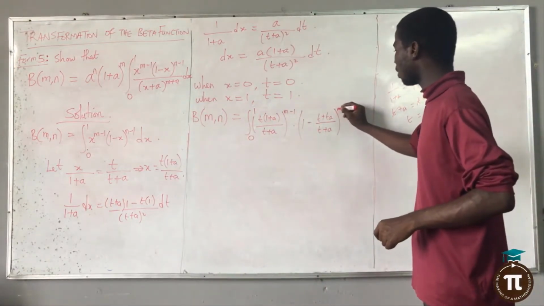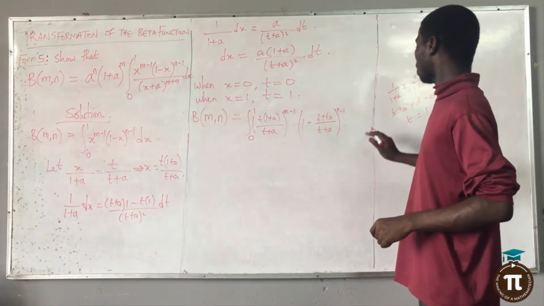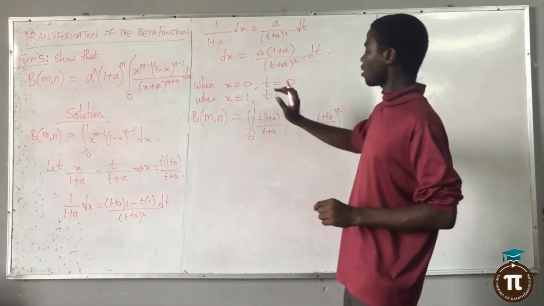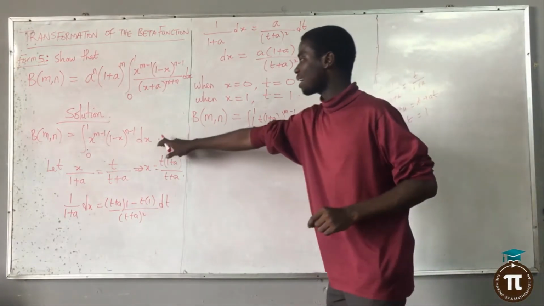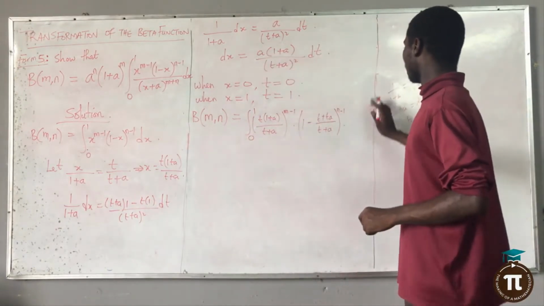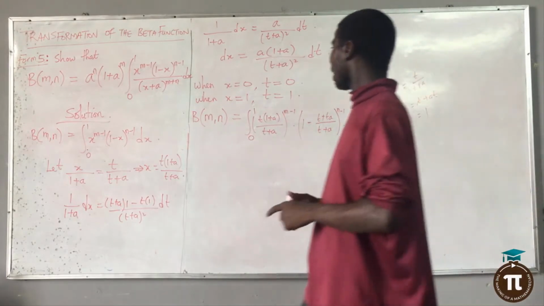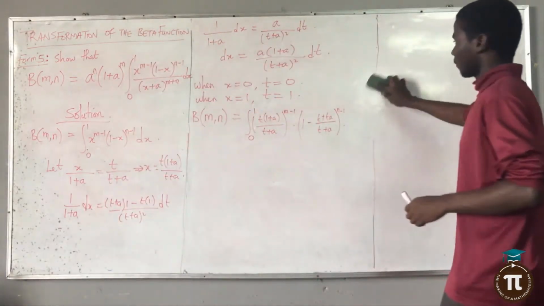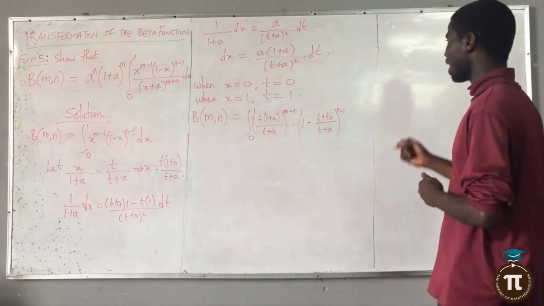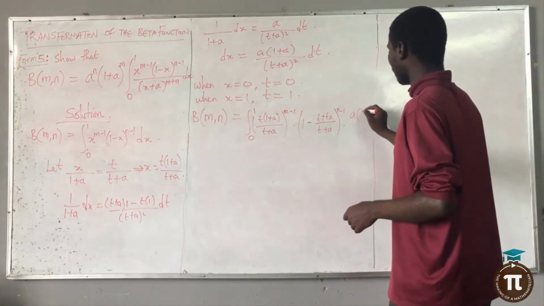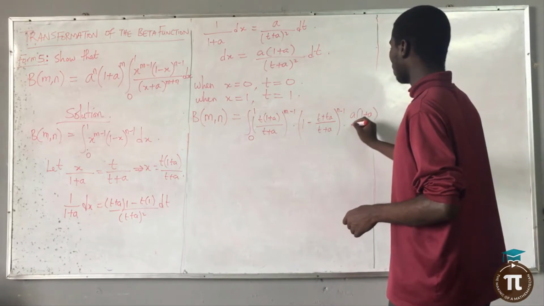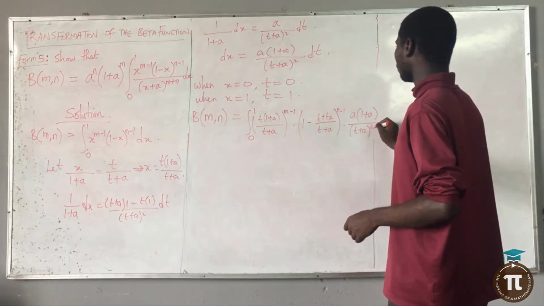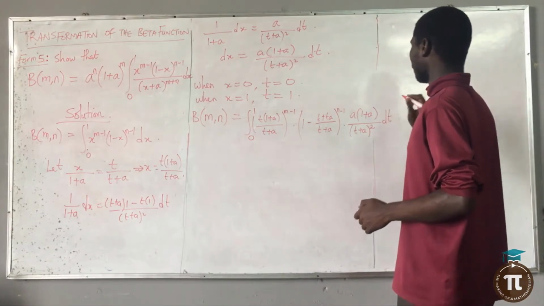Then I have it raised to the power of n minus 1, multiplied by ds. ds is a times 1 plus a over t plus a all squared dt.